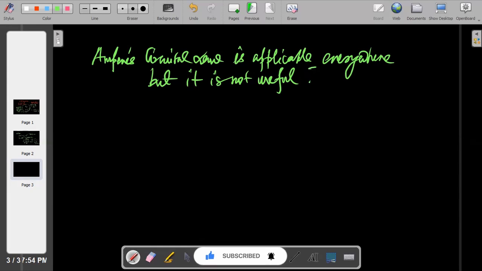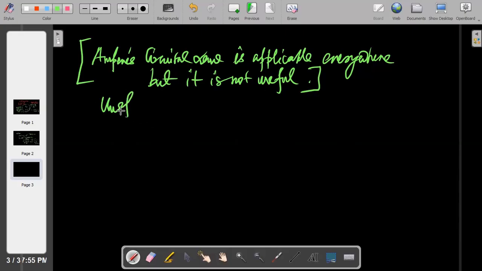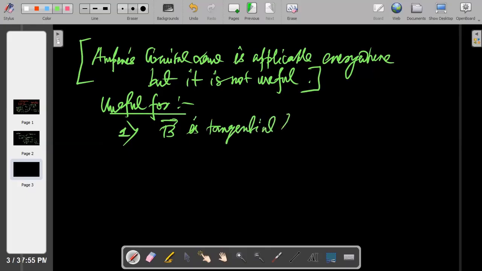So why are we using this Ampere's circuital law? You have to remember some useful points. Point number one is that the magnetic field B should be tangential to the length of the wire, that dl vector.